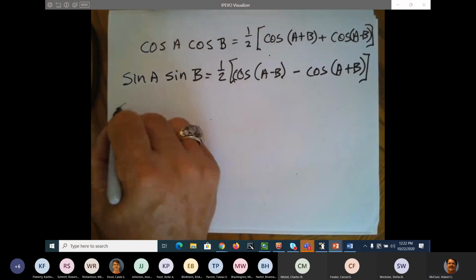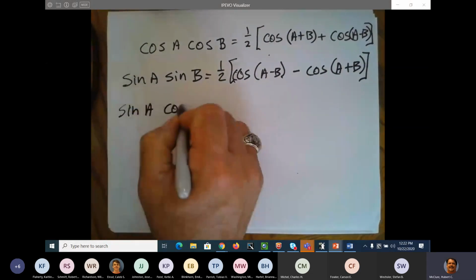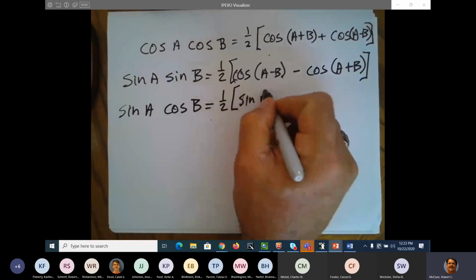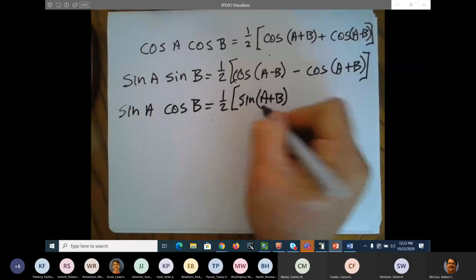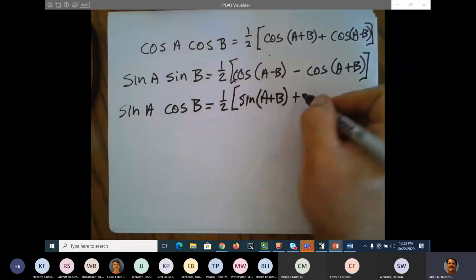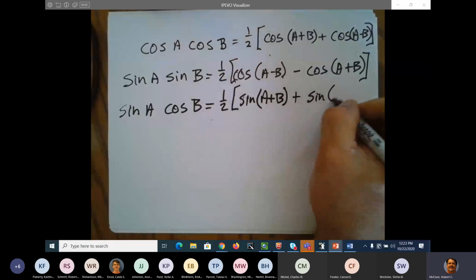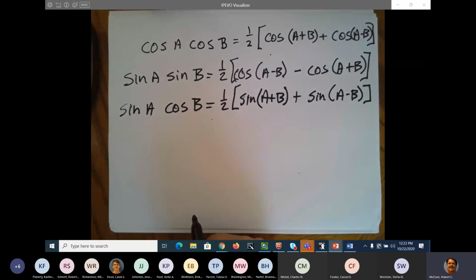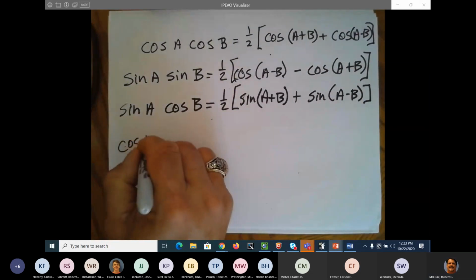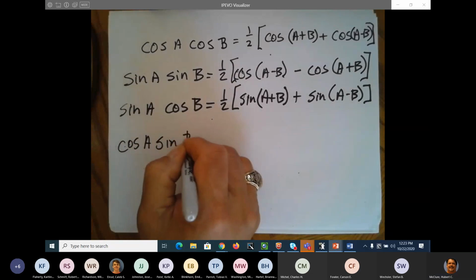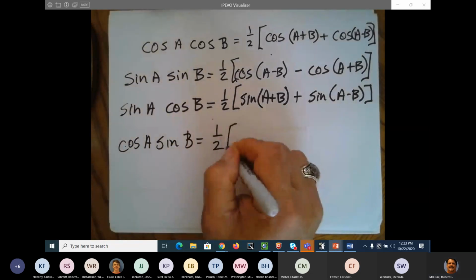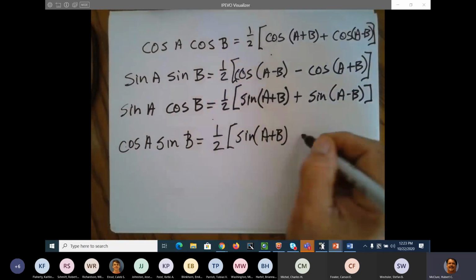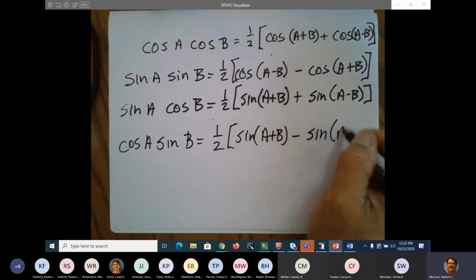Sine of A cosine of B is equal to 1/2 sine of A plus B plus sine of A minus B. And cosine of A sine of B is equal to 1/2 sine of A plus B minus the sine of A minus B.